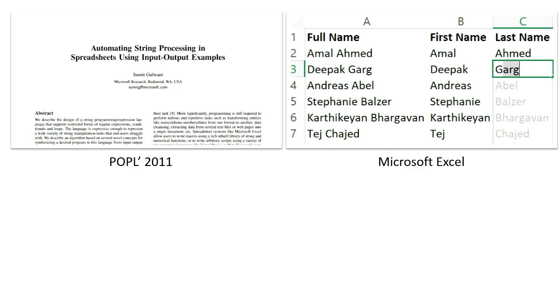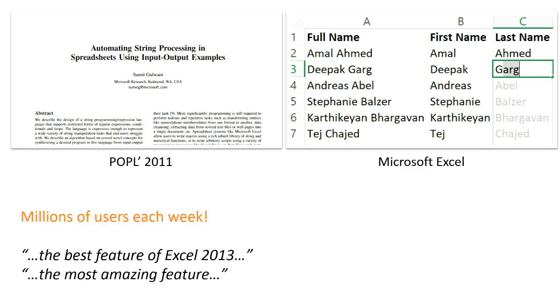Here the leftmost column is the input, and the first row is an output. Based on this input to this output as an example, it has synthesized a program and has filled out everything else in gray text. And you can press enter and it will fill it in.